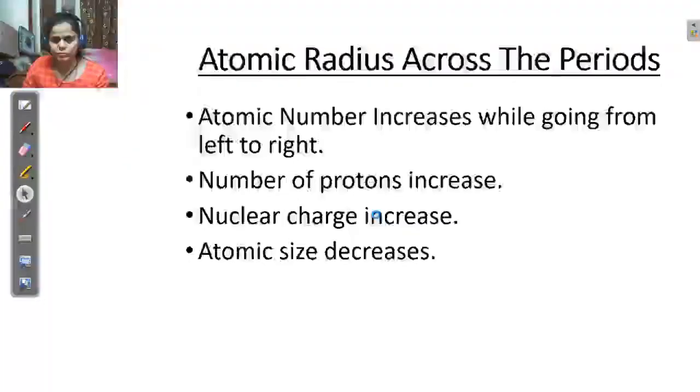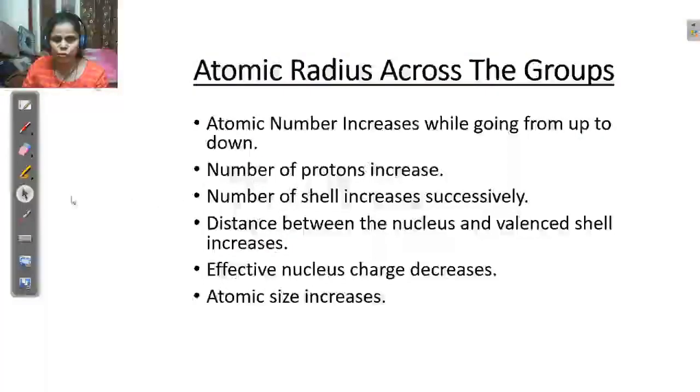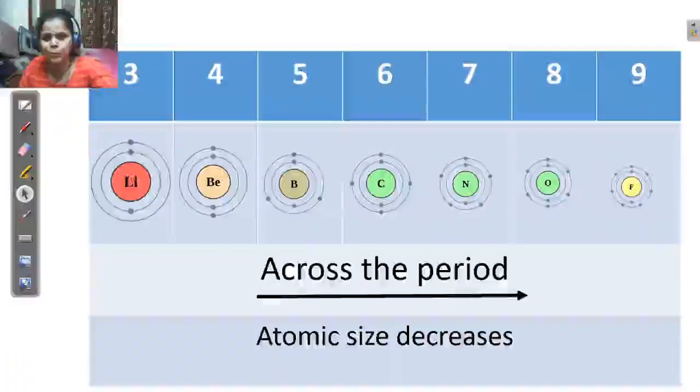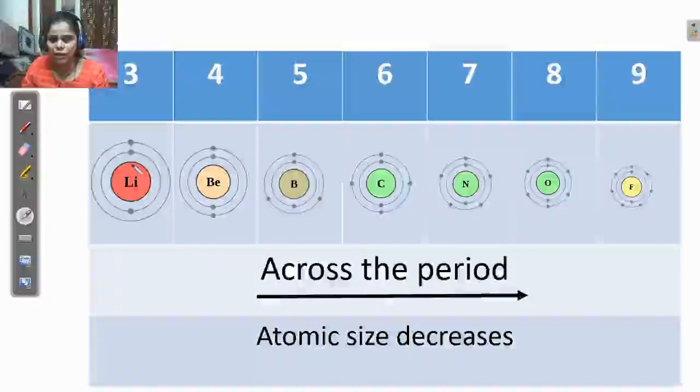So in the case of the group, the atomic number increases, so the number of protons increases. But in the case of the group, the number of shells also increases. You can see in our previous pictorial diagram, in the same period the total number of shells is constant.